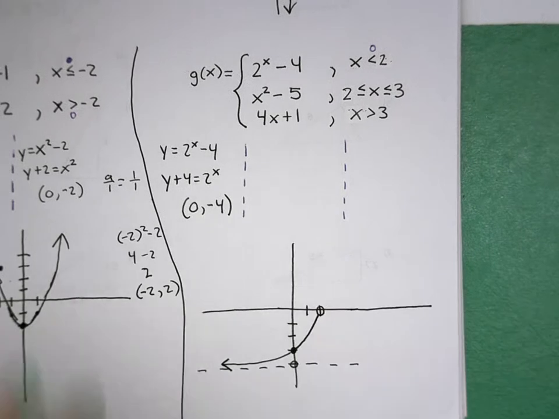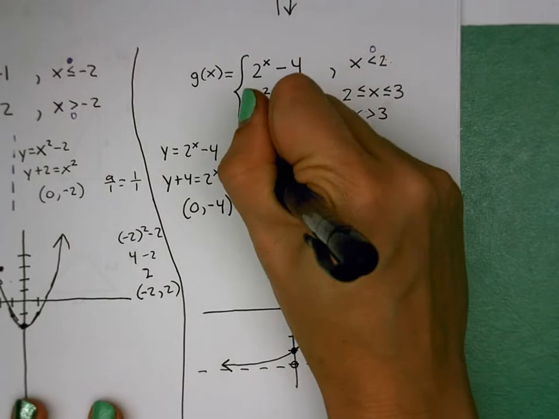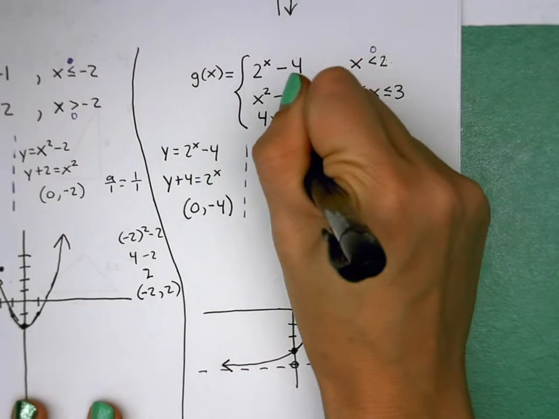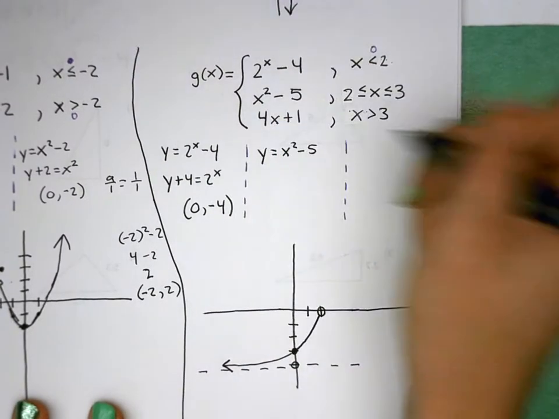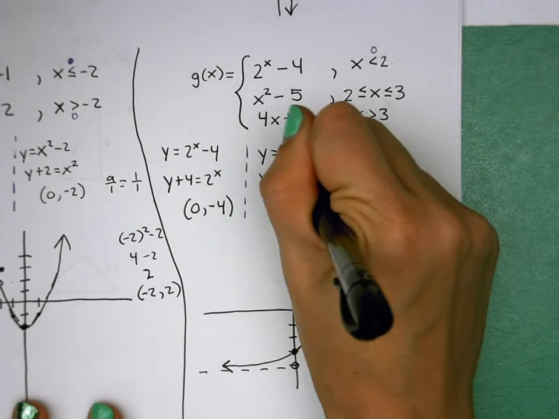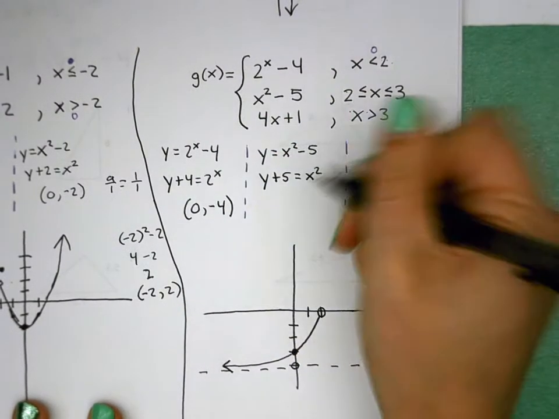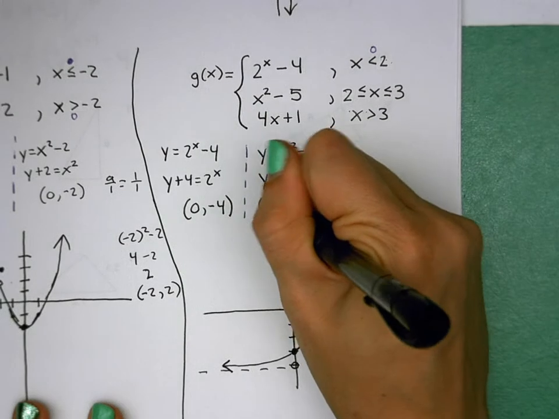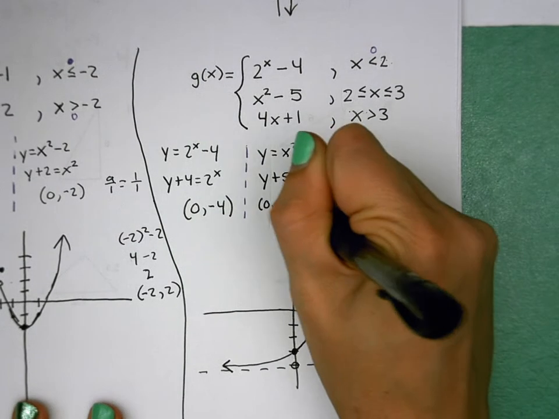Okay. Second one, y equals x squared minus 5. Adding that 5 over, y plus 5 equals x squared. My initial point is x equals 0, y equals negative 5.